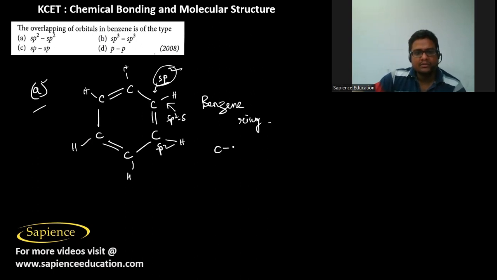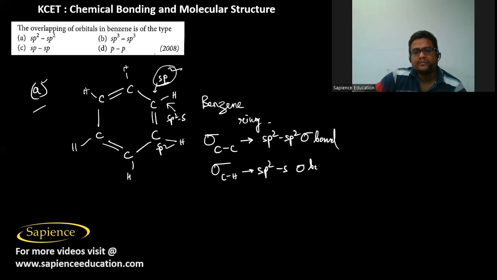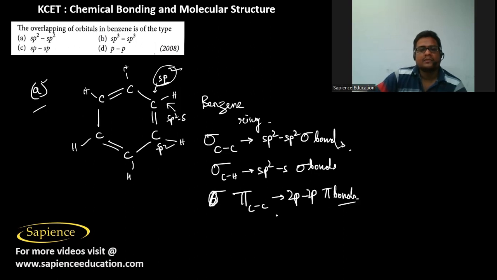The carbon-carbon sigma bonds which are formed are sp2-sp2 sigma bonds, and the carbon-hydrogen sigma bonds are sp2-s sigma bonds, and the carbon-carbon pi bonds which are formed are 2p-2p, pp pi bonds.